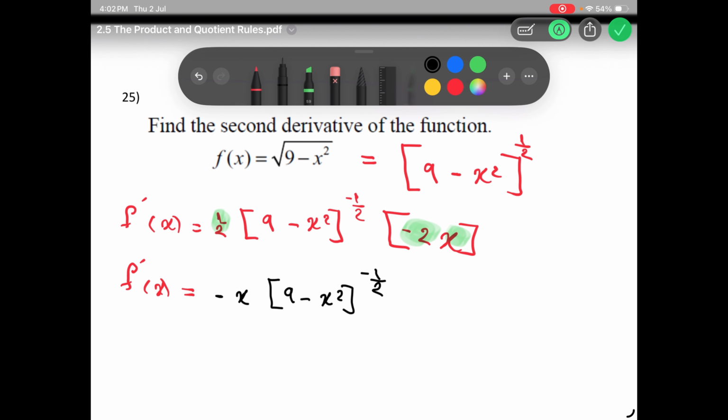Then what I have now, I have product rule. I will call this the first function, and this here the second function. I will apply the product rule.